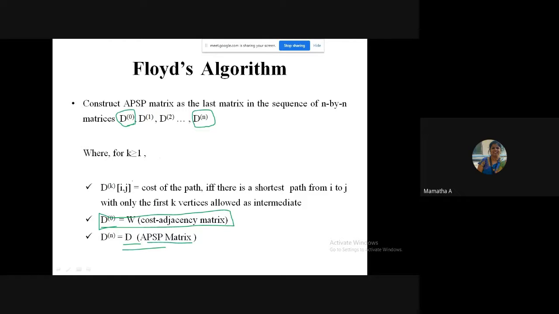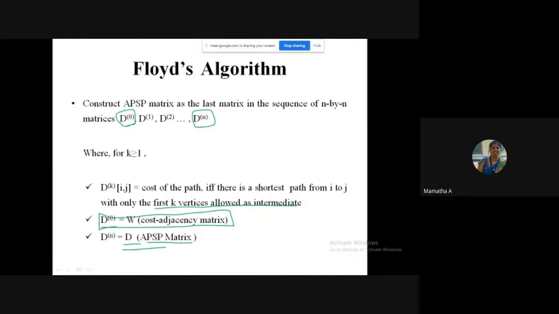What does the D k of i comma j indicate? Cost of the path, isn't it? If and only if there is a shortest path from i to j wherein the first k vertices will be allowed as intermediate. Again, the same thing.